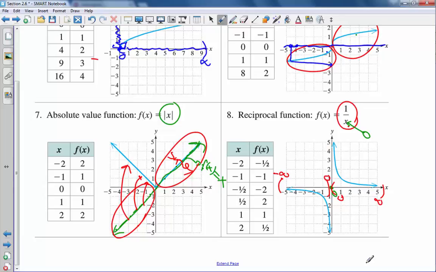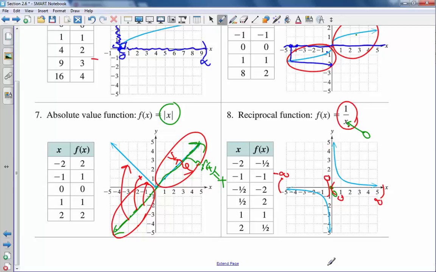The reciprocal function 1 over x has domain as minus infinity to 0 union 0 to infinity. But range is the same as well. It never becomes 0 in the range as well. It's up and down except 0. Alright, are we good so far?